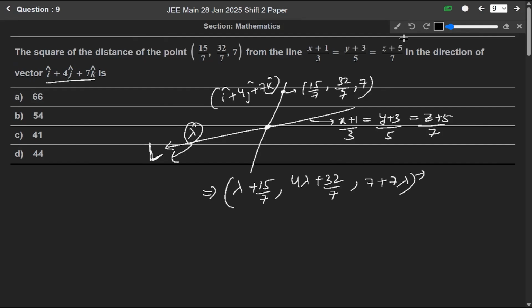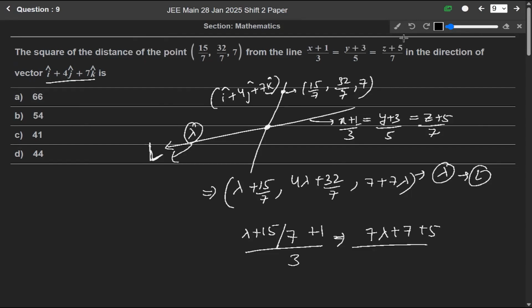It is for some lambda point which lies on L. So solving it, we get lambda plus 15 by 7 plus 1 over 3 will be equals to 7 lambda plus 7 plus 5 over 7.